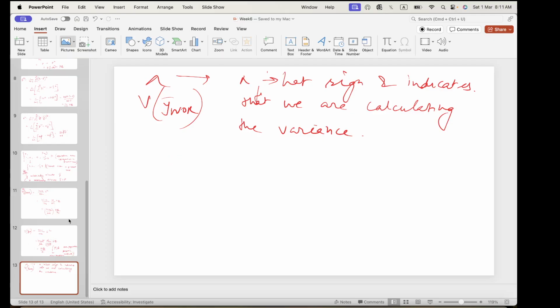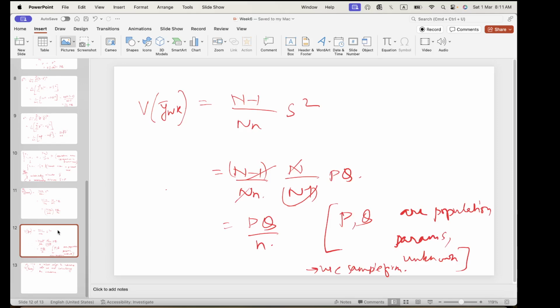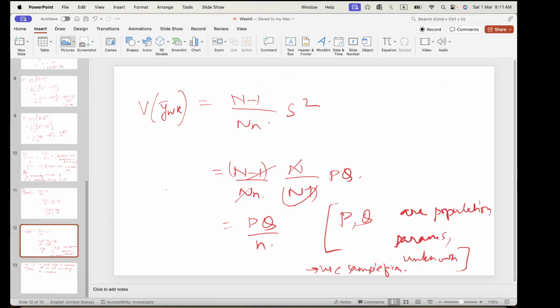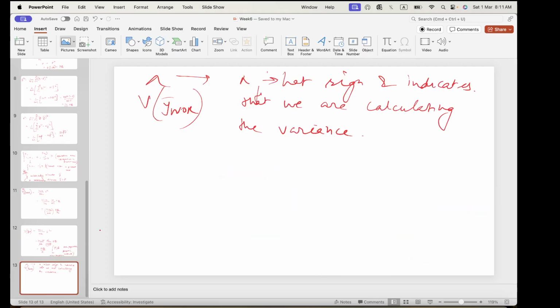So we are going to replace capital P and capital Q by small p and small q. Instead of capital S square, I would have small s square.